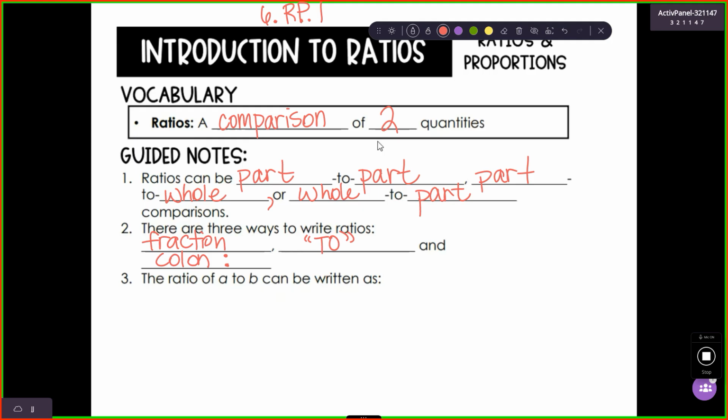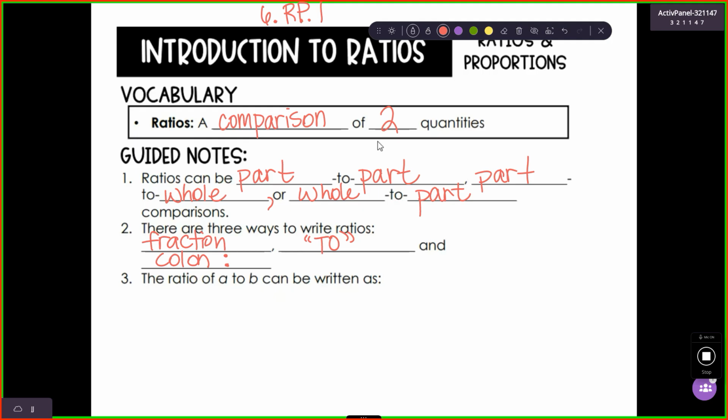All right, so when we look at 3, the ratio of A to B can be written as, and it wants you to write it all 3 ways. Now, why do you think they've used A to B? Have you ever seen letters in math? Yeah? When you were in lower elementary, they used shapes.